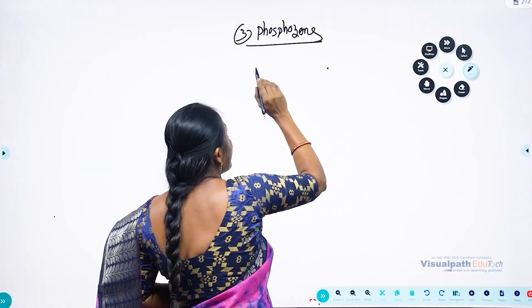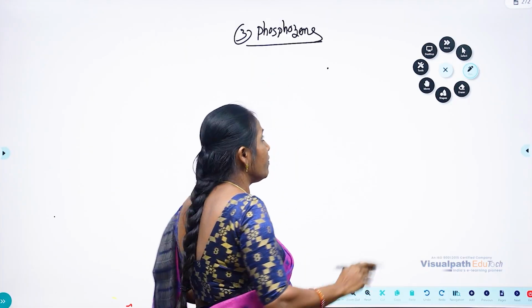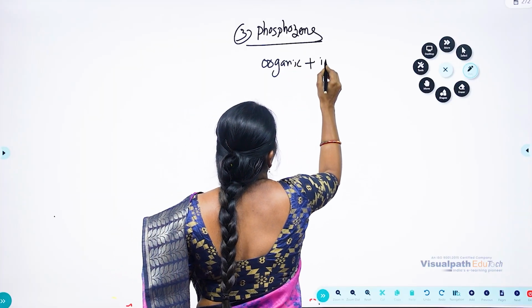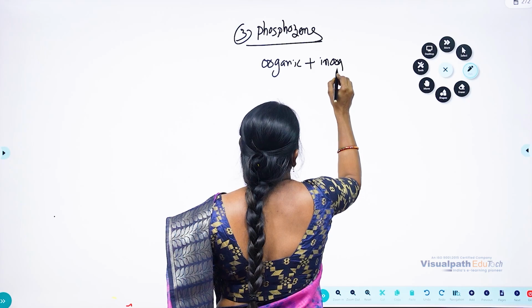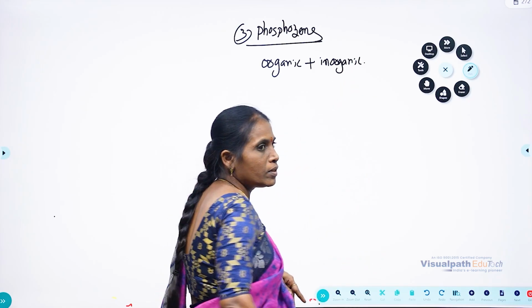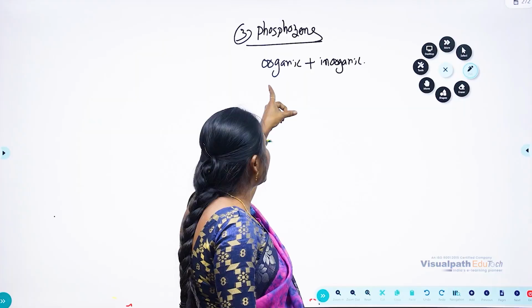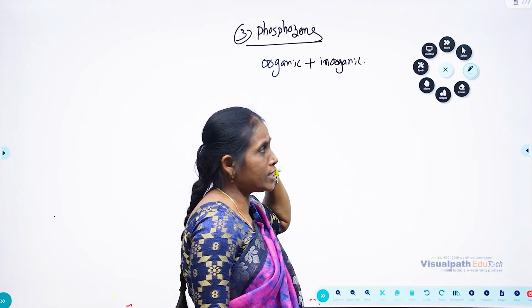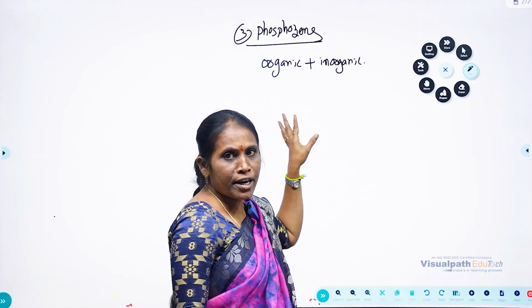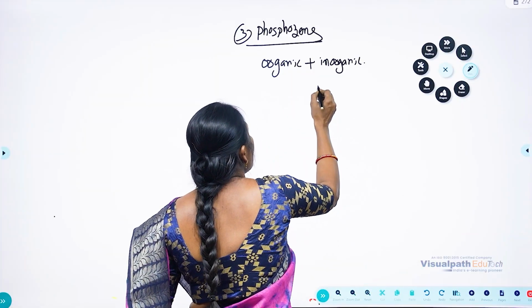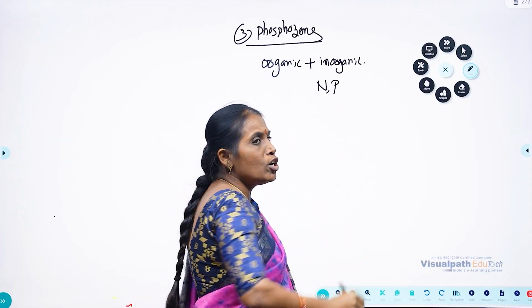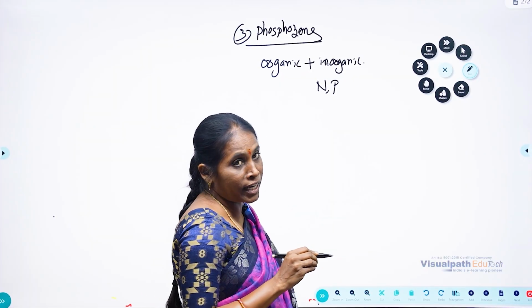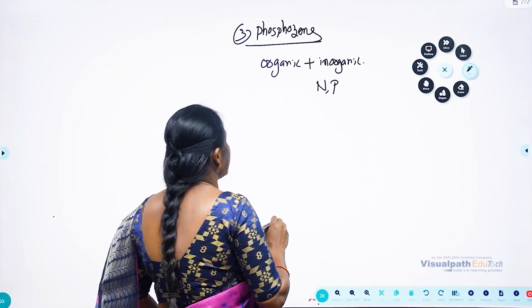Phosphazenes means this type of compound has both organic and inorganic elements present. The main composition is inorganic compounds of nitrogen and phosphorus, with alkyl groups, that is the organic part.